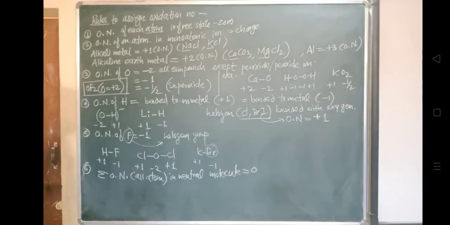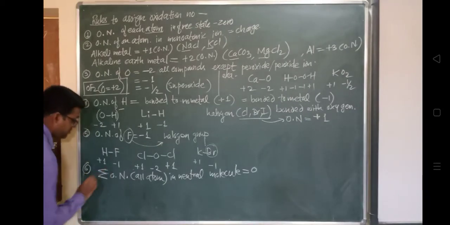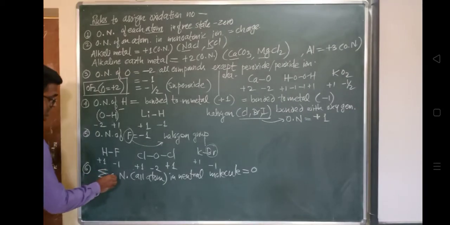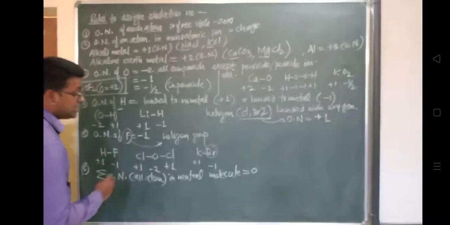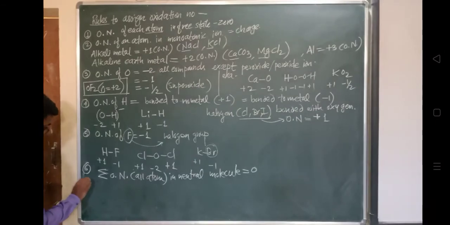This is the symbol of summation, that is algebraic sum. So the algebraic sum of oxidation numbers of all atoms in a neutral molecule will be zero. This one is the sixth rule.